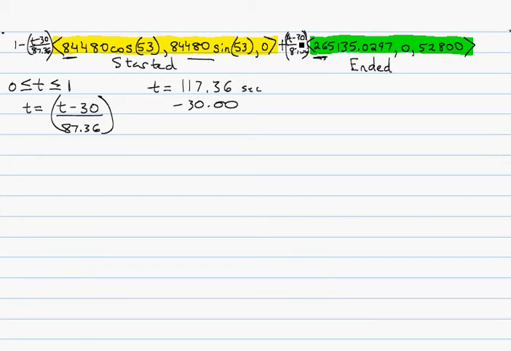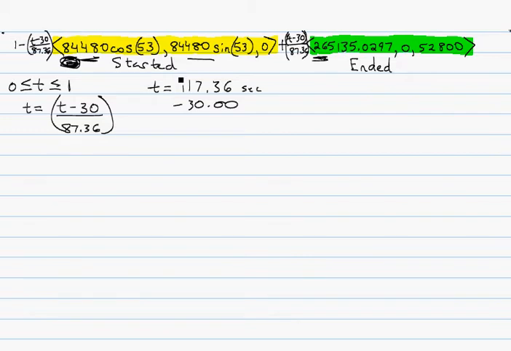what will happen? So at time equal to 30, that's when we shoot off our missile. So here, 1 minus t, if we put 30 here, 30 minus 30 is 0, so 1 minus 0 is 1. Over here, 30 minus 30 is 0, so this would be 0. So at 30 seconds, we're at this starting position. This piece drops off.